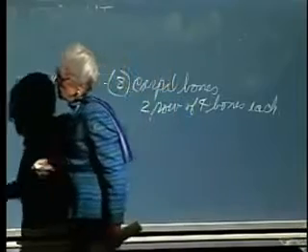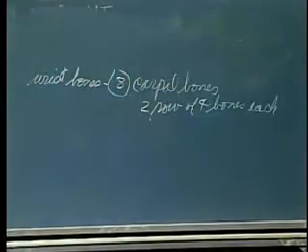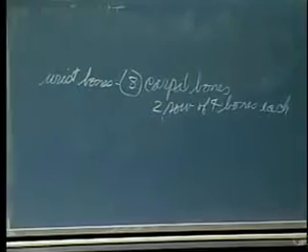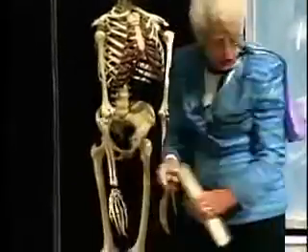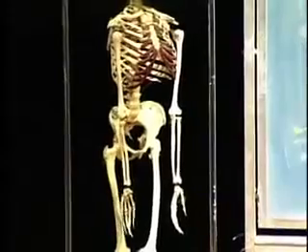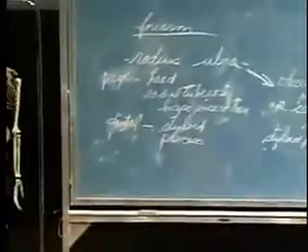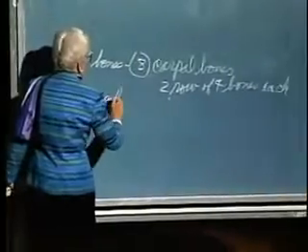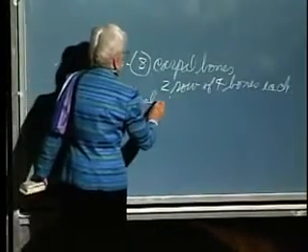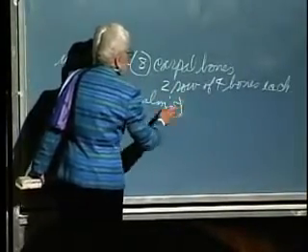I'm not going to take the time for them, but you can see them very clearly here, little bones down here at the wrist. And then your metacarpals, of which you have 5, which are your palm bones, metacarpals for the palm, and there are 5 of them.